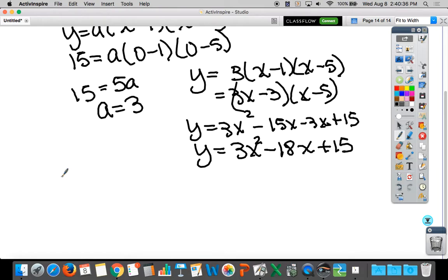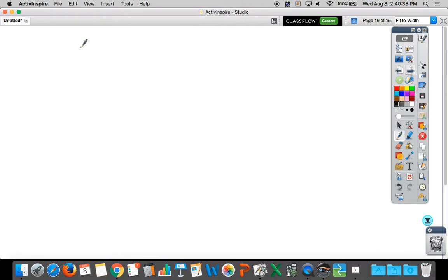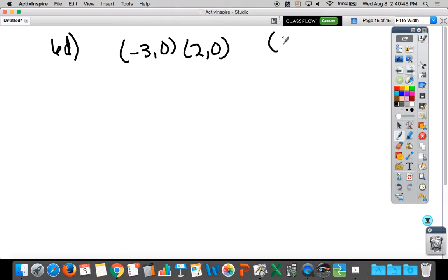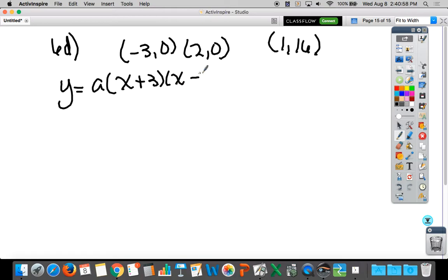All right, let's look at 6D. So again, the same equation, it passes through your x-axis and also passes through (1, 16). Now this is not your y-intercept, so we're going to do y equals a times x plus 3, x minus 2. Plug in my x's there. My y is 16.